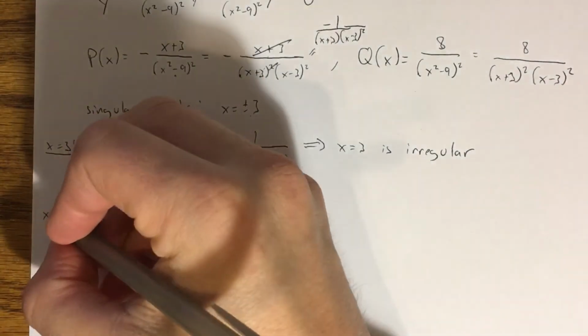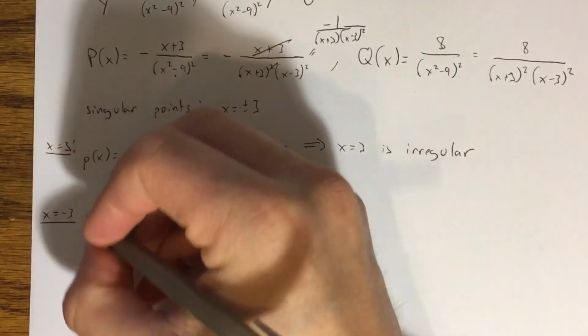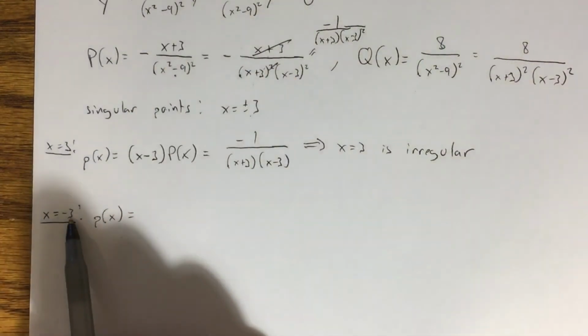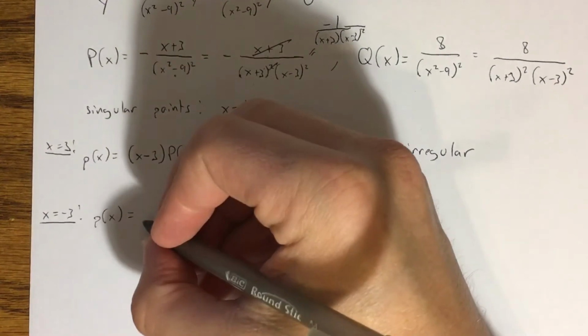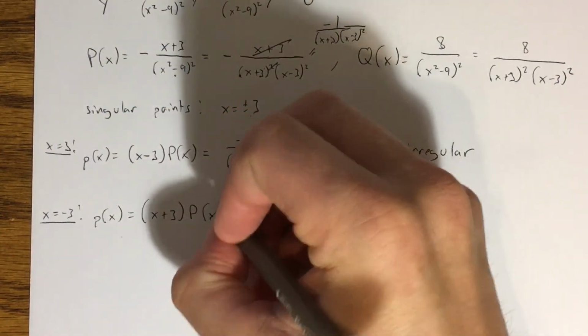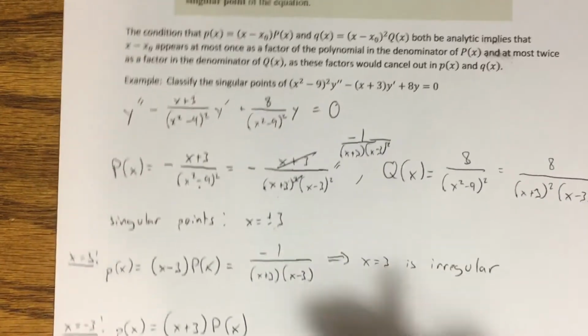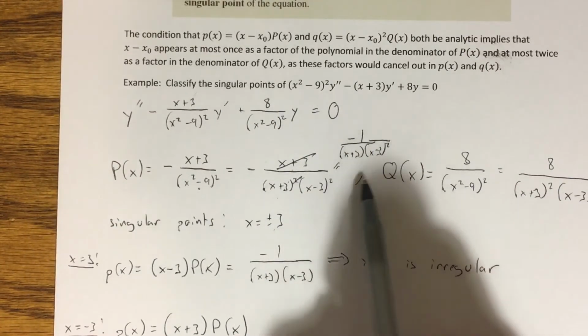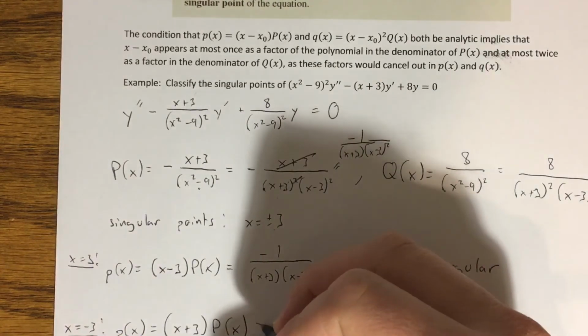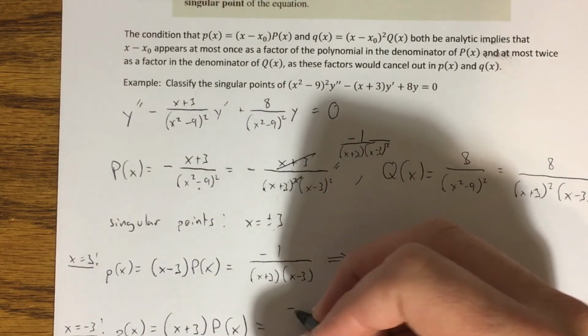So let me go on and check x equals negative 3. Okay, so what is p of x equal to? Well, in the case of the singular point negative 3, we're multiplying big P of x by x plus 3. Looking at p of x, which we simplified up here, there's only one factor of x plus 3 showing up in its denominator, and so multiplying that by x plus 3 will completely cancel that out.